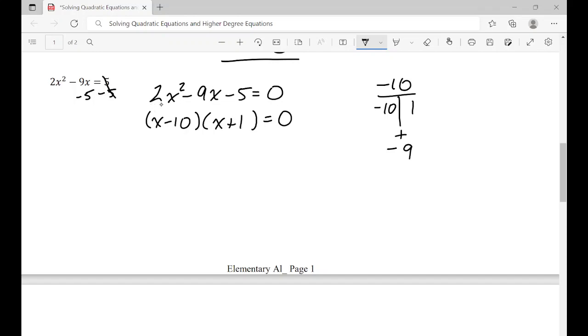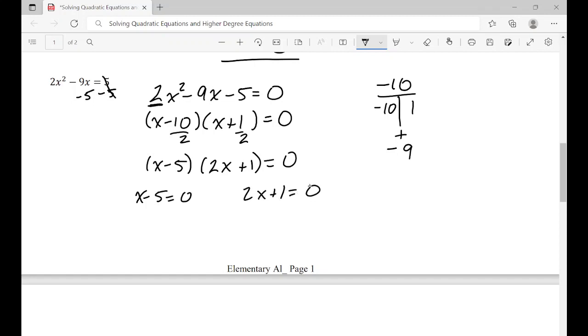And since a is 2, the coefficient up here is 2, I'm going to divide everything by 2 and simplify. So x minus 5, and then this becomes 2x plus 1 equals 0. And now I can set each one of these individually equal to 0. So x minus 5 equals 0, and 2x plus 1 equals 0.